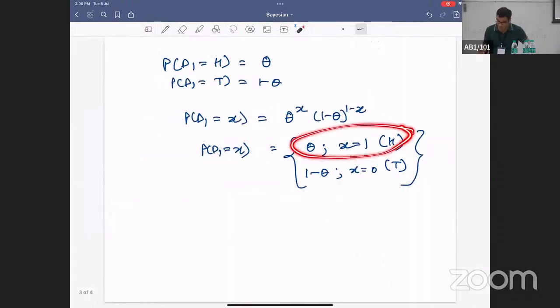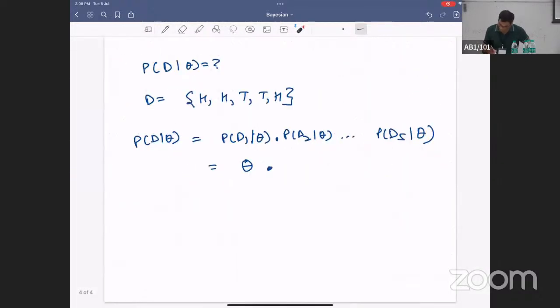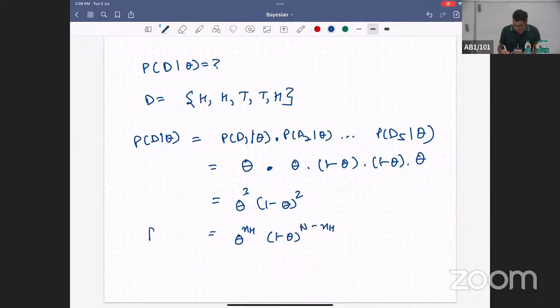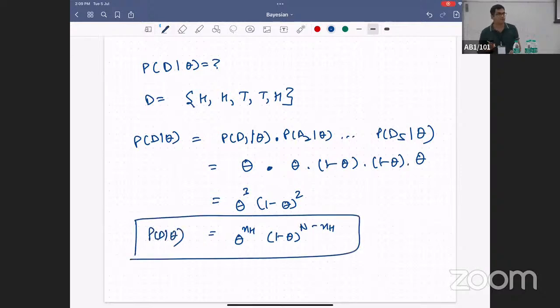Probability of heads is theta, into theta, into tails 1 minus theta, into tails 1 minus theta, into heads theta, equal to theta cubed times 1 minus theta squared, which is theta to the number of heads times 1 minus theta to the total number of tosses minus number of heads. Does everyone agree with this till now? Right. So we have calculated the likelihood, which is a function of theta.